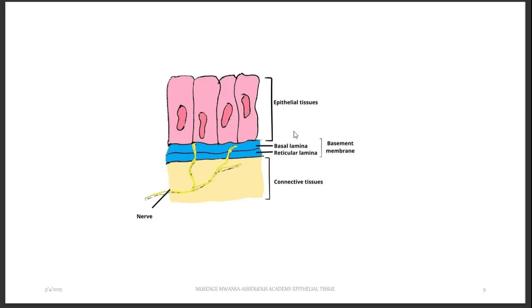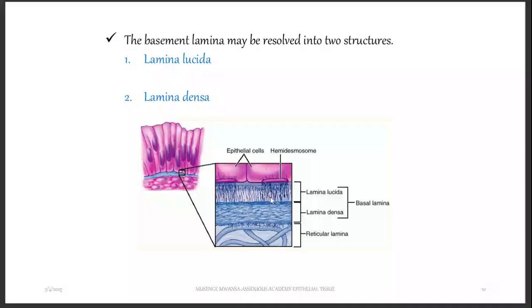Epithelial tissue on top, then the basement membrane, and then connective tissue down. The nerves only end on the basement membrane. They don't reach the epithelial layer. The basal lamina is just where the epithelium rests. The reticular lamina is what connects the basal lamina to the connective tissue.